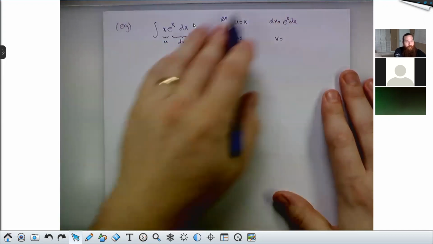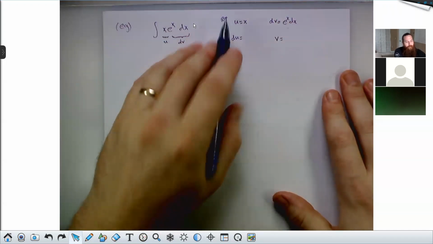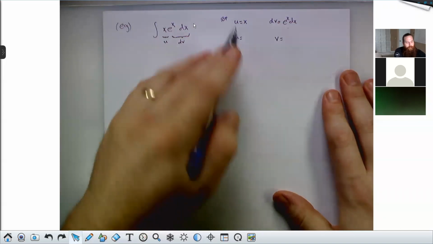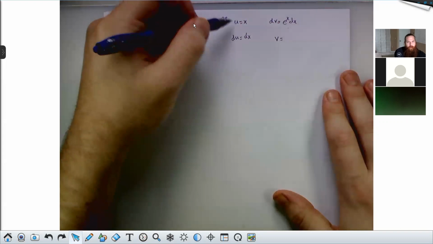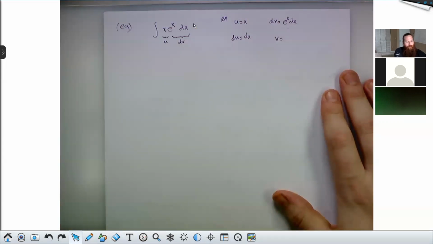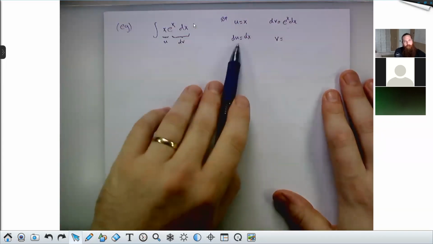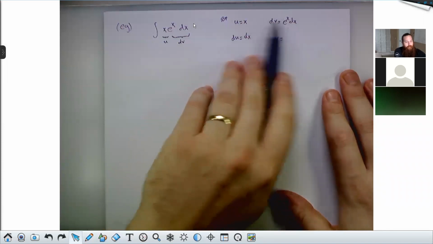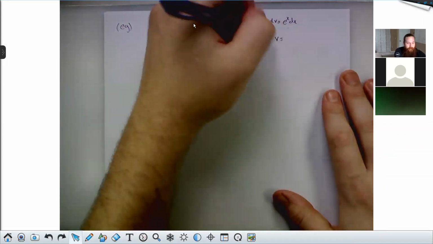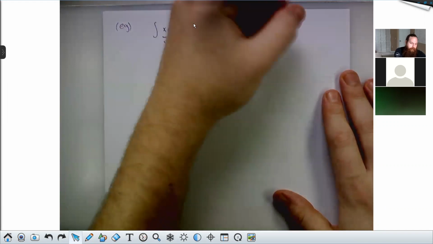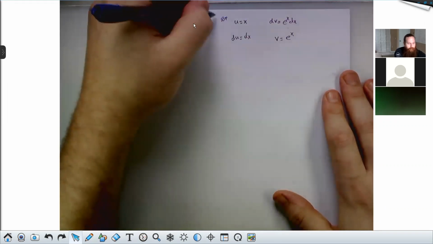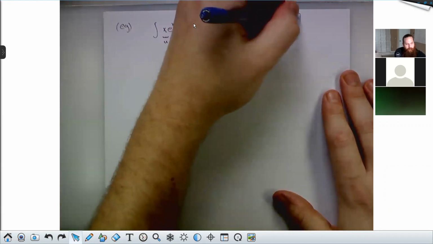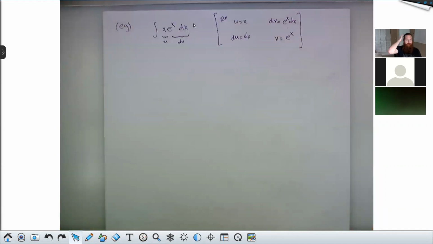So I need to complete my little IBP table over here. If u is x, then du is just dx. And hopefully you see why I don't want you using the letter u in your substitutions, because I don't want you to confuse that with this. If dv is e to the x dx, then v is the integral of dv. The integral of e to the x dx, that's just e to the x. And we never write the plus c's when we're doing the integration by parts table. We save the plus c for the very end.